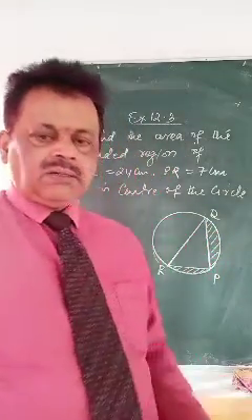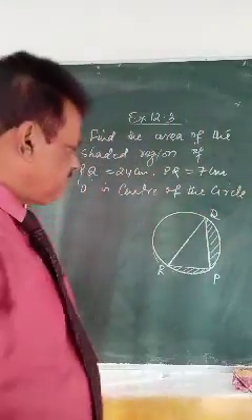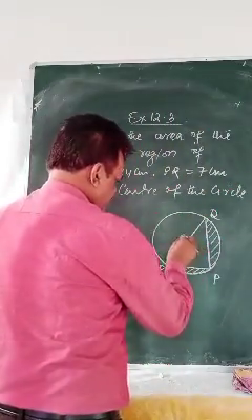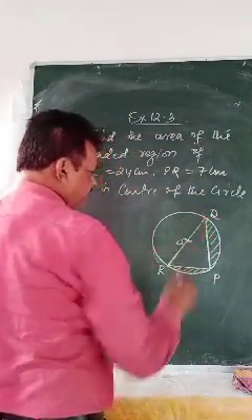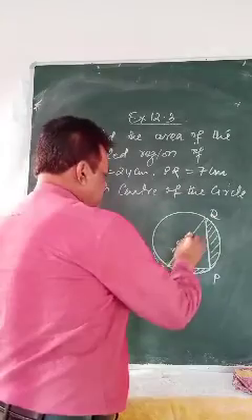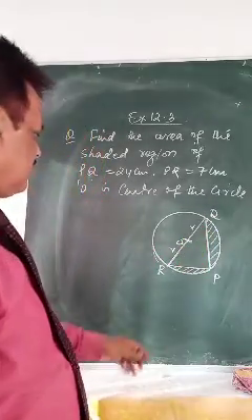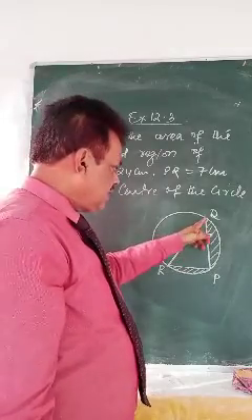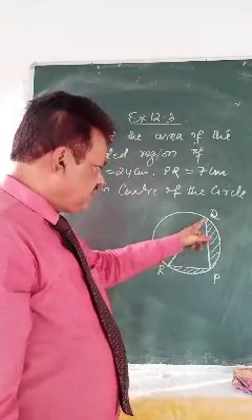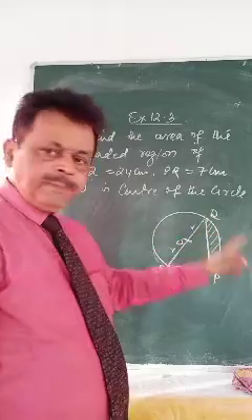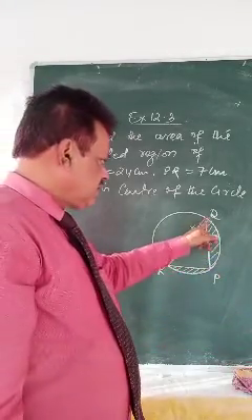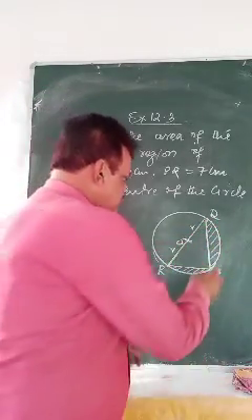This is passing through the center, so it becomes a diameter, and diameter means 2R. If this is R, this is also R. When this is a diameter, this becomes a semicircle. So the angle described by a semicircle is a right angle.